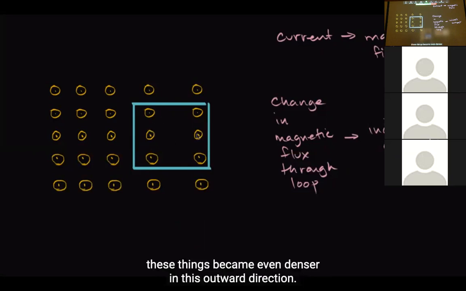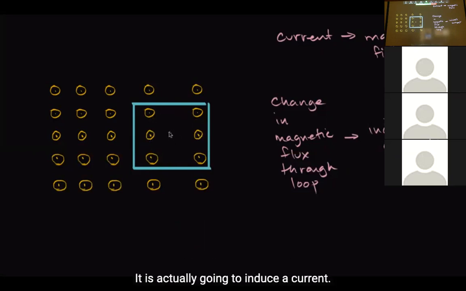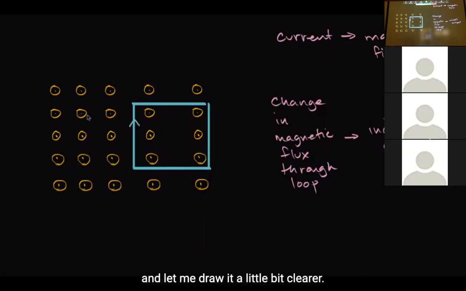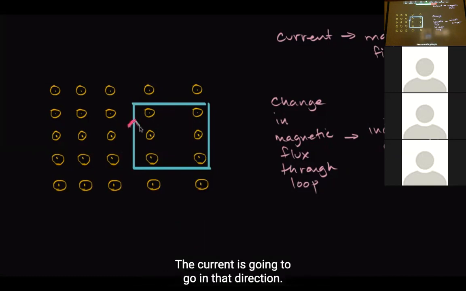I guess you could say that these things became even denser in this outward direction. It is actually going to induce a current. And the current that it will induce is going to go in that direction. It's going to go in a clockwise direction around this. And that is because that change in the magnetic flux induces a voltage, electromotive force, that causes this current to flow.